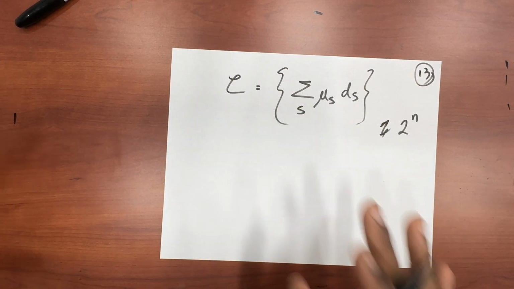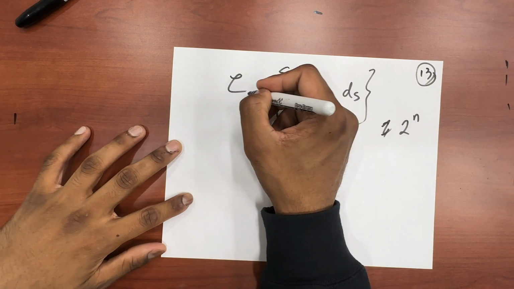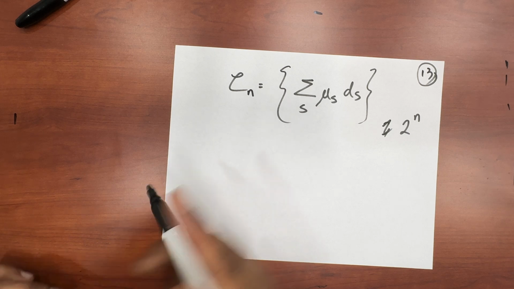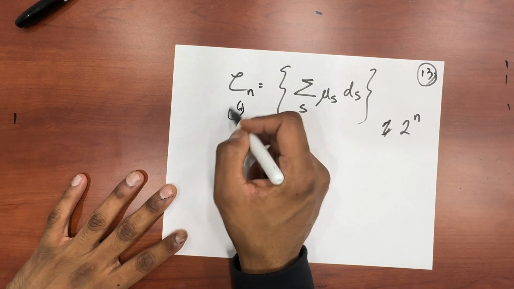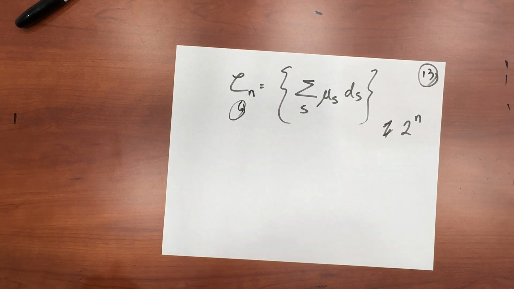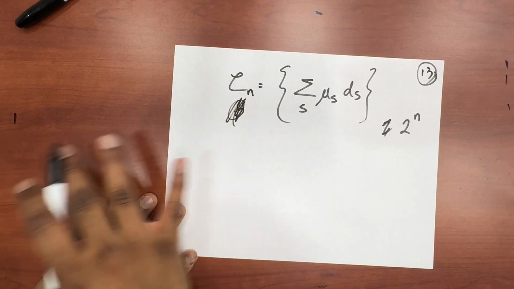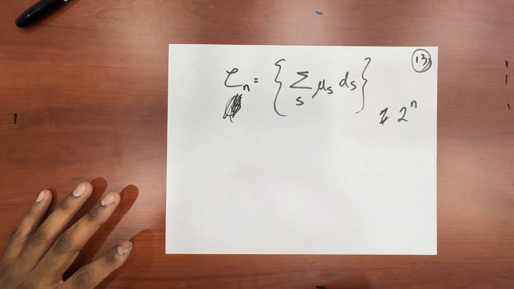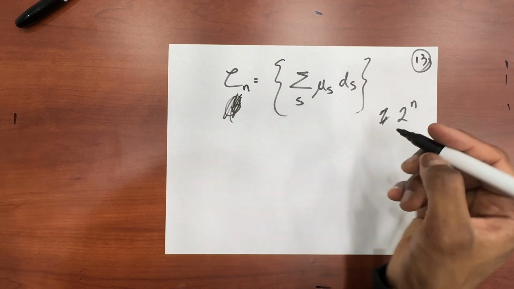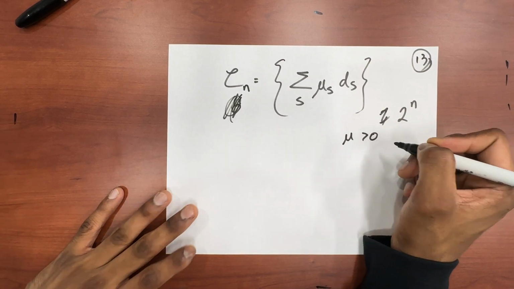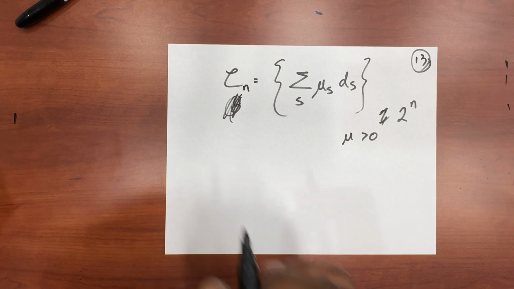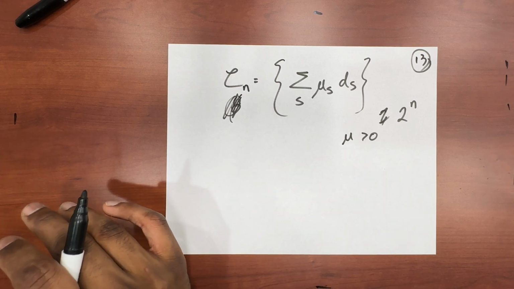This is the big class C, the cut class, defined on n points and some particular graph which induces these cuts. This is as big as it gets. I can take all possible cuts and a linear combination of them, given mu is positive, obviously. That's what makes the metric properties hold.